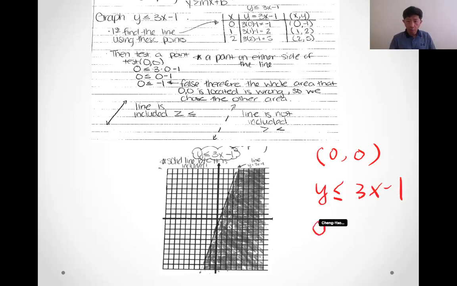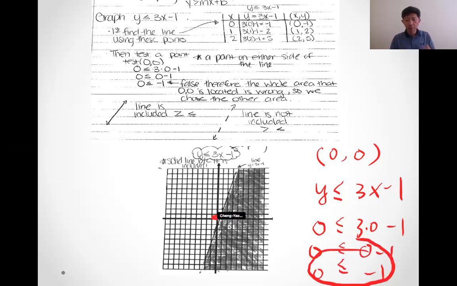Now plug in x equal to 0, 3 times 0 minus 1, right? 3 times 0 is equal to 0, right? 0 minus 1 is equal to negative 1, all right? Now 0 is less than or equal to negative 1. Once we test the point, is it true or false?